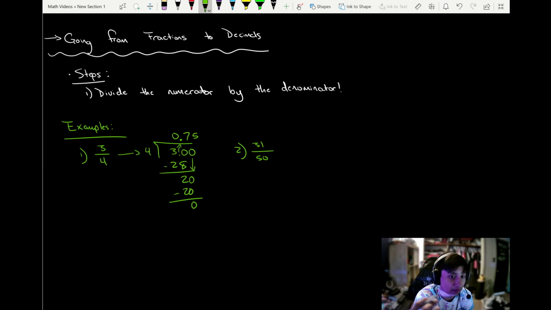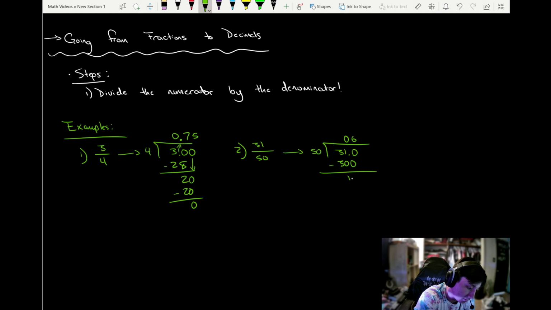We do the exact same thing for number 2. 31 over 50 is 31 divided by 50. How many times does 50 go into 31? It doesn't, so we add a decimal and a 0. Then we ask ourselves, how many times does 50 go into 310? 50 times 6 is 300, so we know it goes in 6 times. We subtract: 310 minus 300 is 10.